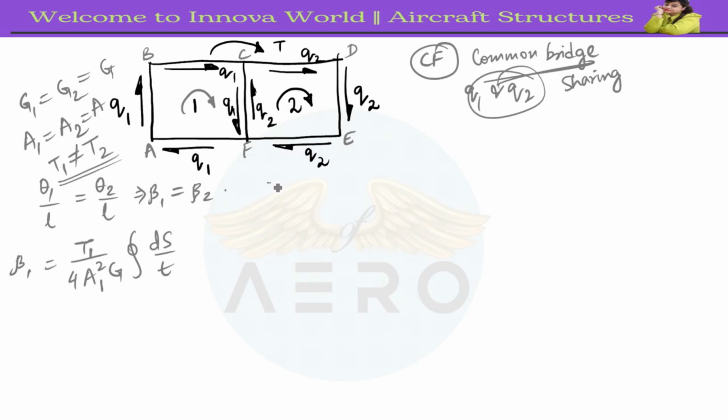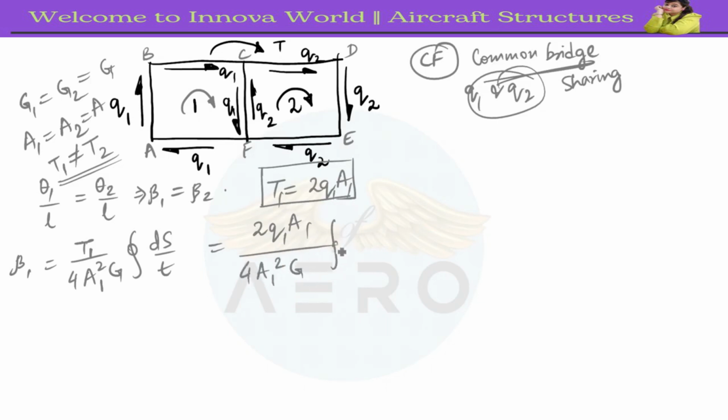Now we know from the Bredt-Batho theorem that T equals 2qA. Now we can replace this T in terms of q. How can we do that? Then 2qA, since we are taking it for T1, we keep the subscript 1 here, divided by 4A1 squared G, closed integral ds by t.